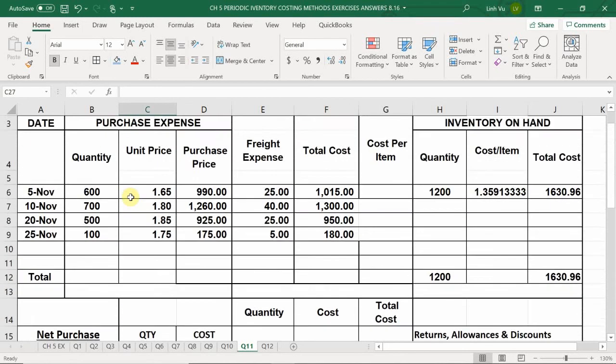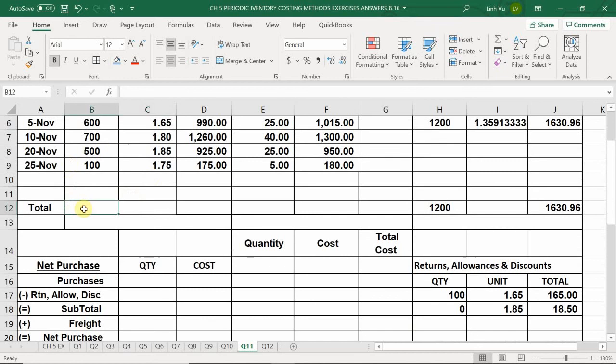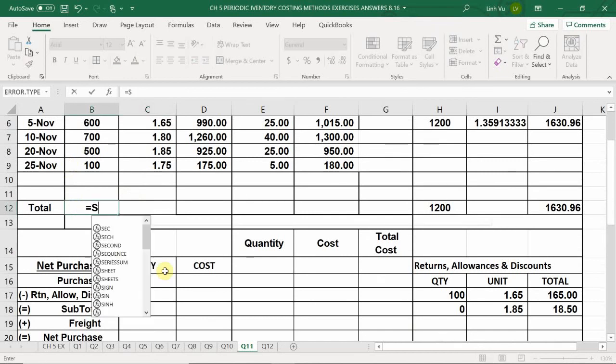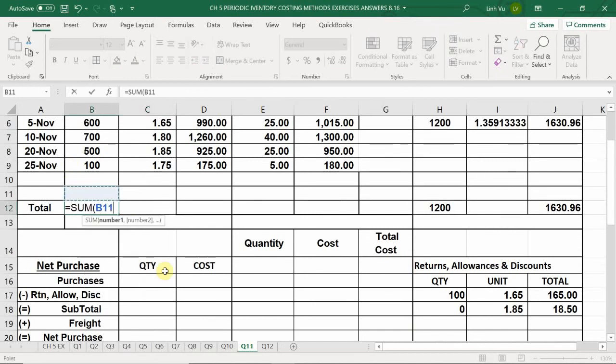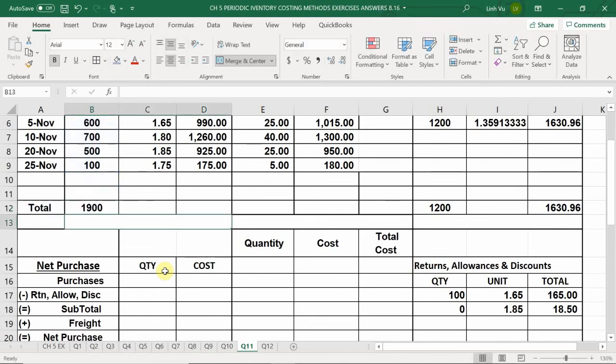So once again, let's go ahead and tally up our totals. So equals sum. How many items did we purchase in grand total? 1,900.